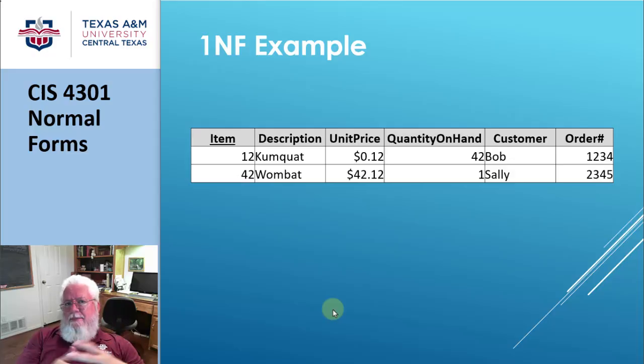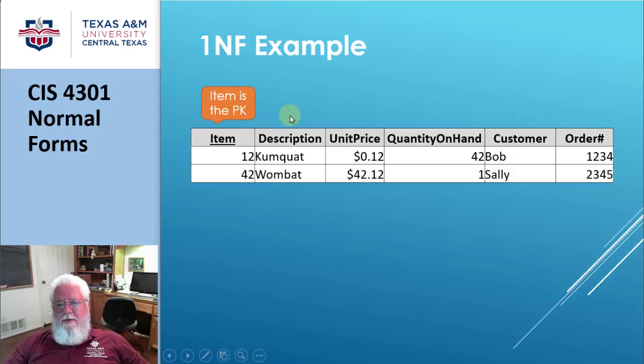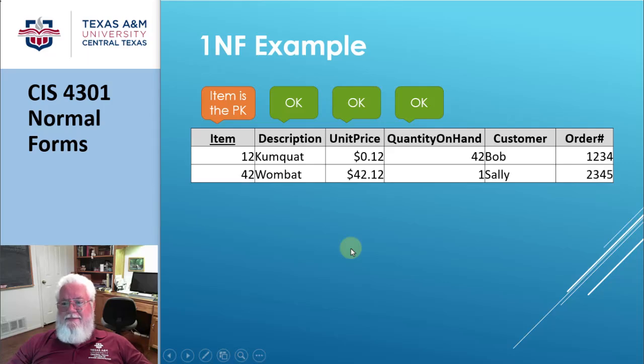But given an item number, should I be able to tell the customer? The customer's name? No. So, this item number is the primary key. The description, that's fine. Unit price, that's fine. Quantity on hand, that's fine.